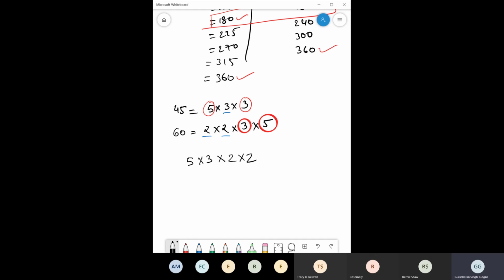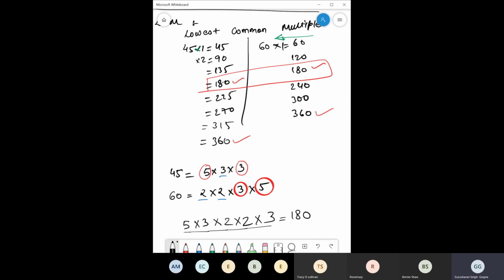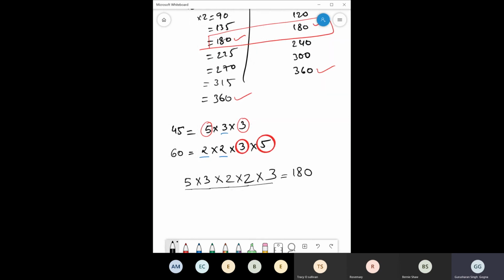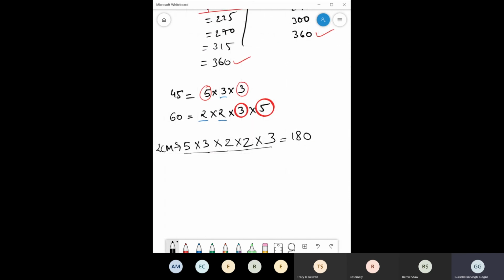And then multiply. 5 by 3 is 15, 15 by 2 is 30, 30 by 2 is 60, and 60 by 3 is 180. And that was your answer here. So the LCM of 45 and 60 is equal to 180.